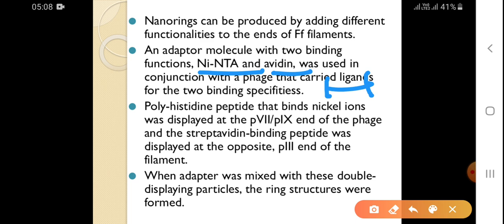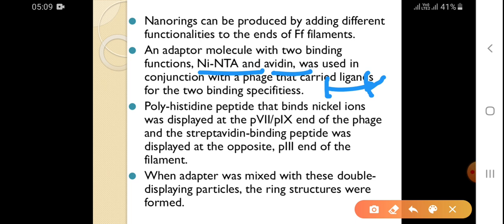These two are used in conjunction with the phage that carries ligands for binding specificity, so these act as ligands. Now you have a polyhistidine peptide that binds to nickel ions, displayed at the P7 or P9 end of the phage, and the streptavidin binding peptide was displayed at the opposite end. So here you have the binding site for nickel, and here you have the binding site for avidin.